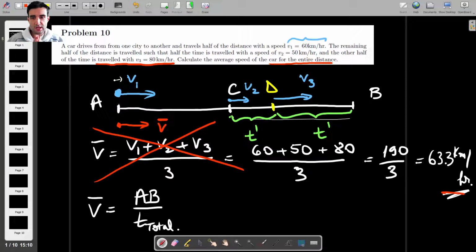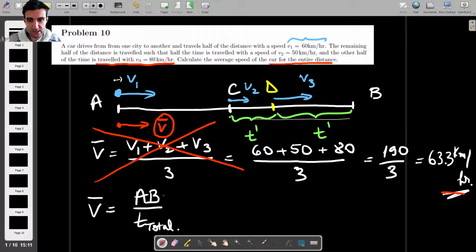Okay, so at time equals 0, we have the car in the problem that starts traveling from A, but we also have an imaginary car, which is our red car, which travels from A to B with the same speed all the way through. So the question is, what should this speed be so that the red car and the blue car arrive at B in the same time?